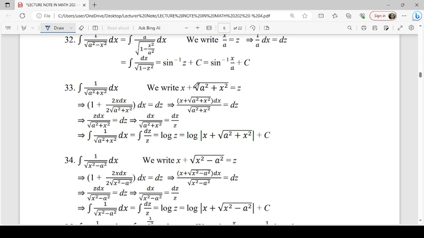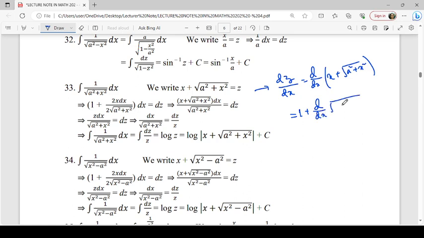Then derivative, dz dx is equal to d dx of x plus root over a square plus x square. Then d dx of x is 1 plus d dx of root over a square plus x square.